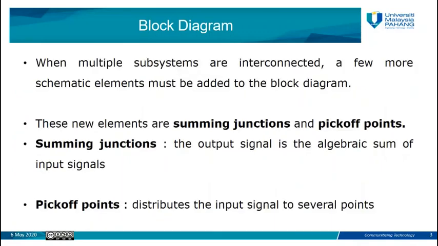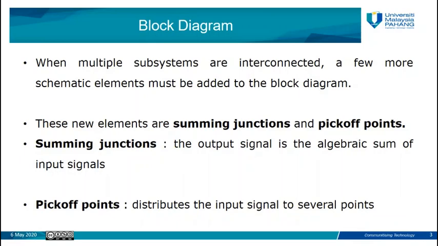So our task in this chapter will be how to simplify the complicated control system into a single transfer function. After that, this single transfer function will be used to analyze the performance of the control system.